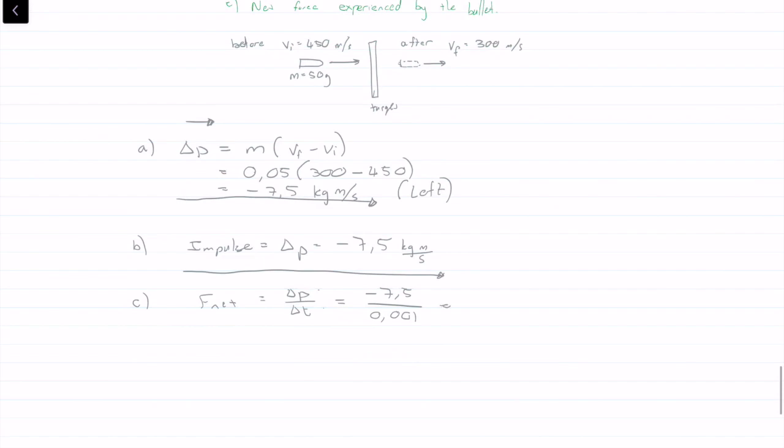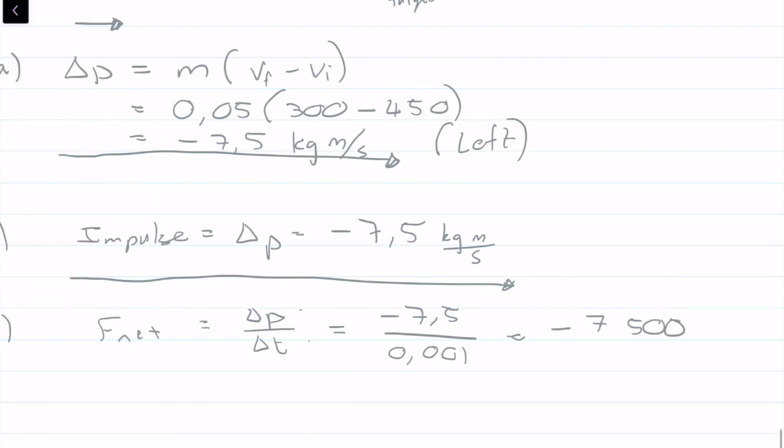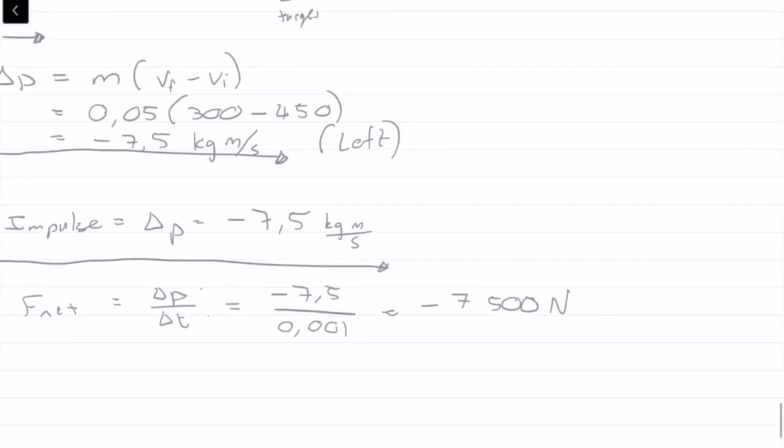And we can just plug that into our calculator, and we get a value of minus 7,500, and it's a force, so the units are going to be newtons. And the minus sign just indicates left once again. Okay, so that's all that question really does.